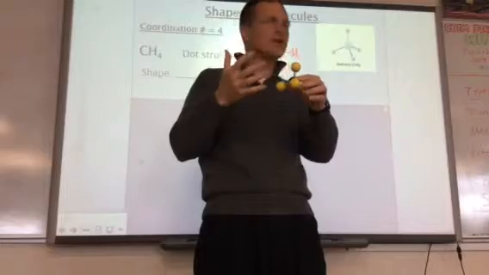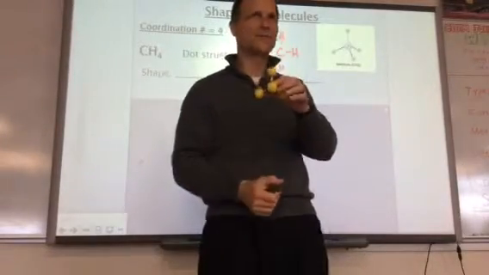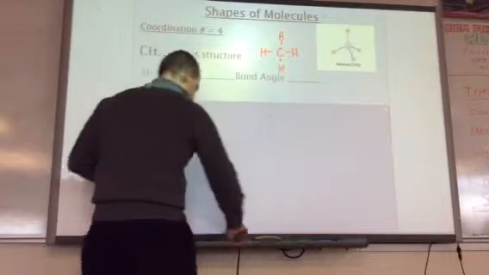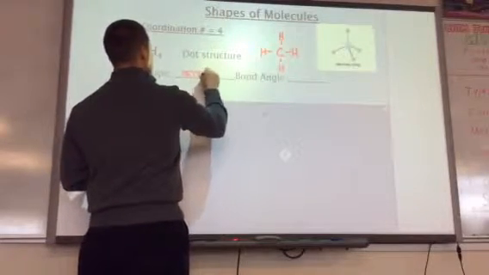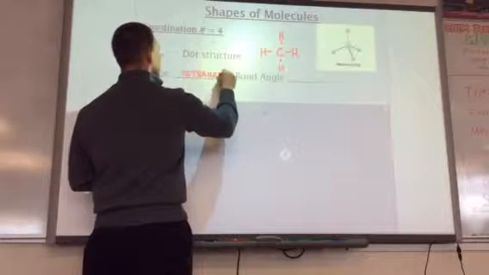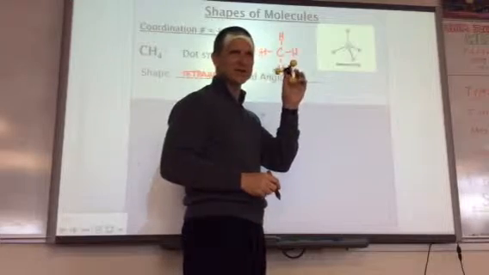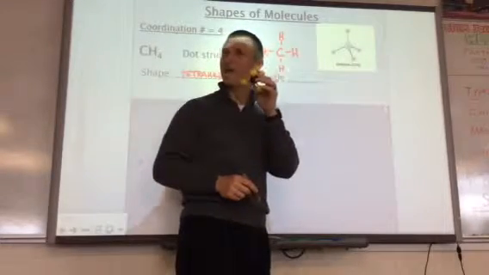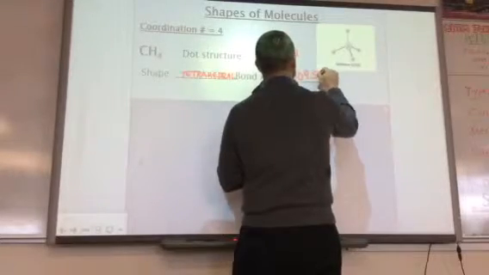That's where we get the name tetrahedral from. You got a face there, there, there, and there. So, shape is tetrahedral. And then the bond angle, remember what the bond angle for tetrahedral is? 109.5. Yeah, very good memory. 109.5.